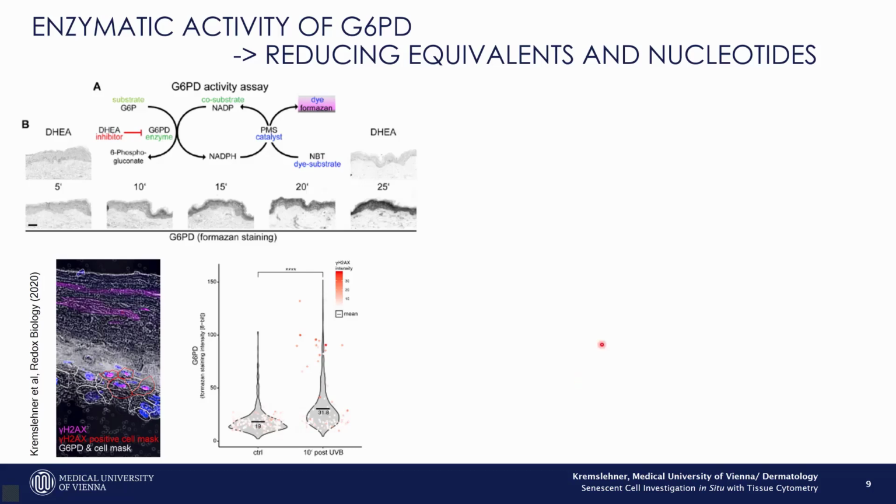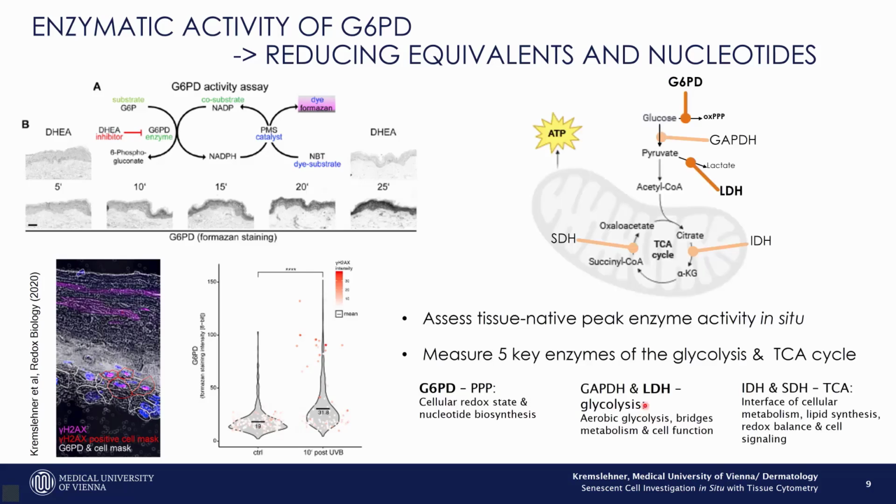And now we went on to investigate the activity of G6PD and other dehydrogenases in young and aged tissues. And these enzymes serve as direct indicators for pathways in the primary carbohydrate metabolism, including glycolysis, the oxidative pentose phosphate pathway, and the TCA cycle.